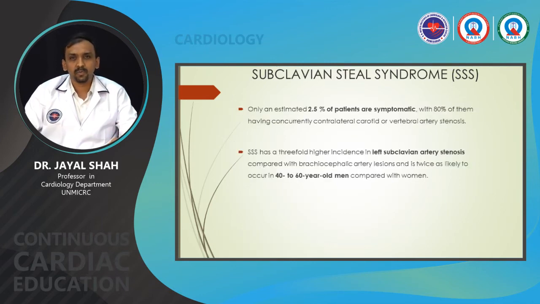An estimated 2.5% of patients with subclavian steal syndrome are symptomatic, and 80% of them have concurrent contralateral carotid or vertebral artery stenosis. It has a threefold higher incidence in left subclavian artery stenosis compared with the brachiocephalic, and is twice as likely to occur in 40 to 60-year-old men compared to women.